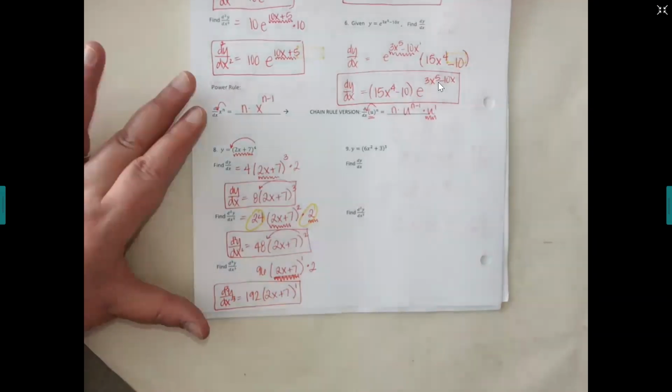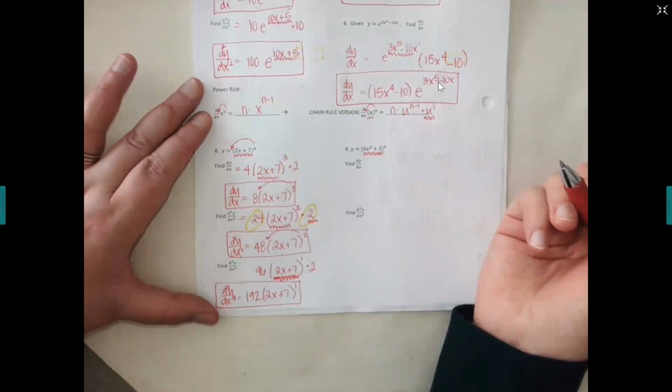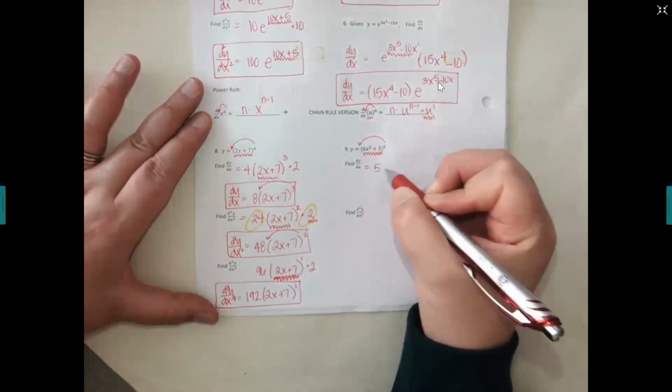Okay. So when you're doing chain rule, you're just working around what that core is, but you're keeping the core the same and multiplying its derivative at the back. So let's say now we're doing number 9. Okay, my middle function is my 6x squared plus 3. I'm going to take the derivative around it. So my 5 will come down to the front.